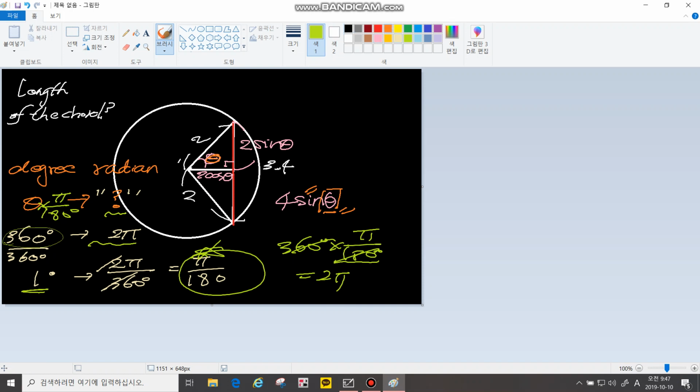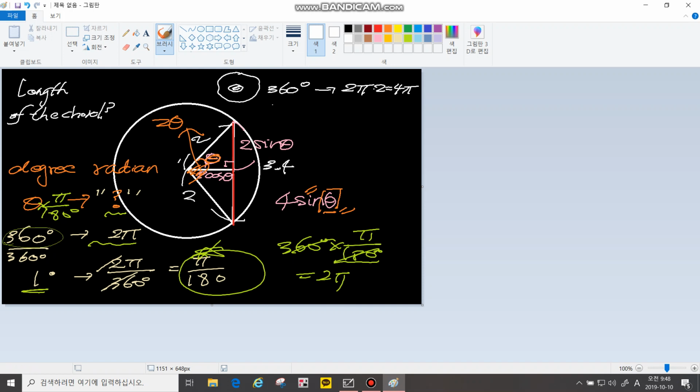So as you know, the angle here is 2 theta, right? The angle here is 2 theta, right? And you know that if the angle given is the whole circle, then it is 360 degrees, right? For 360 degrees, it matches with the circumference, which is 2 pi times 2, which is 4 pi, right?